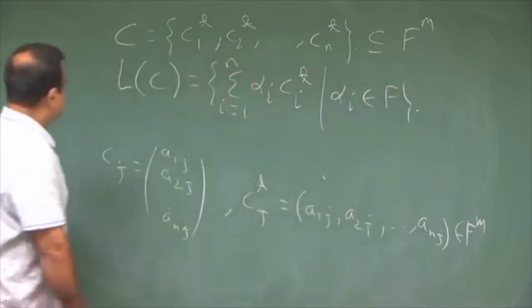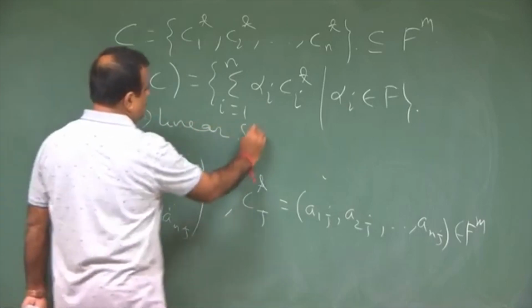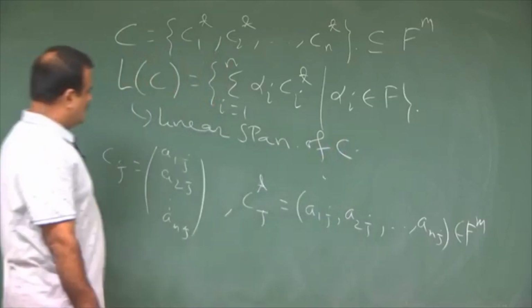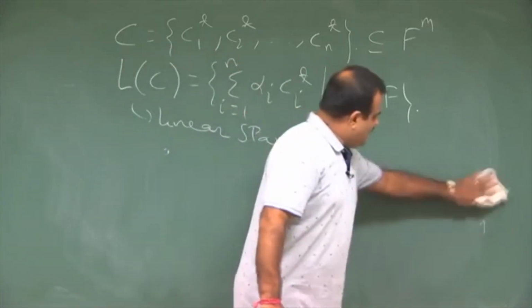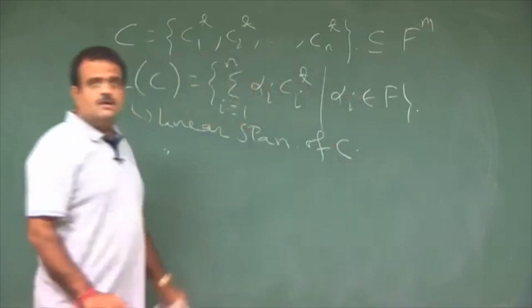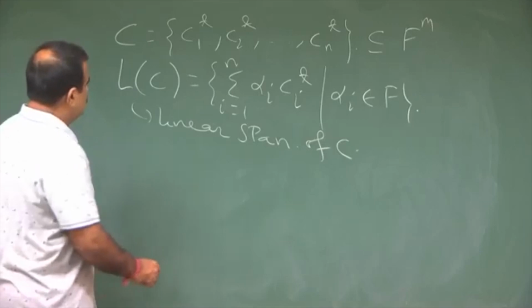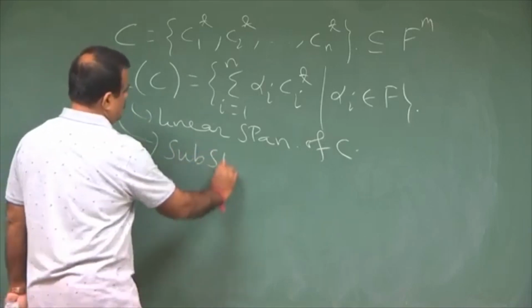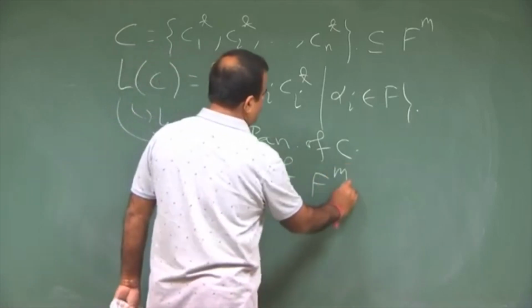We know the linear span forms a subspace of the corresponding vector space, and that subspace is called the column space. So, this will form a subspace of f to the power m.